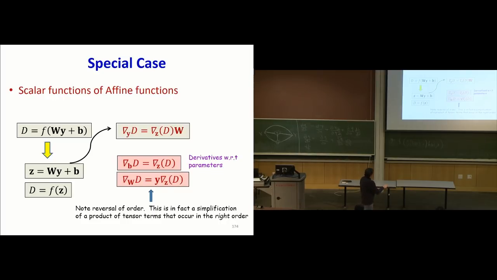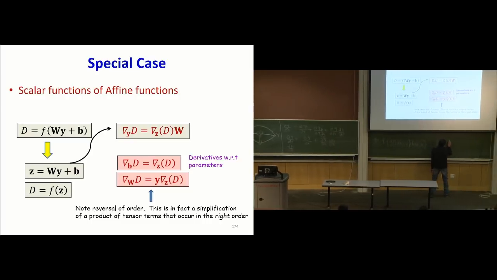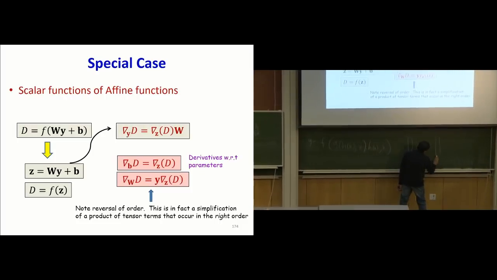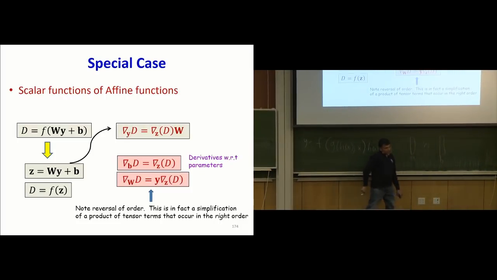If you check this out, this is going to be a matrix of the appropriate order. So this is the one key piece. Suppose I have a vector that multiplies a matrix W to give me B, and this goes into a scalar D, the divergence.